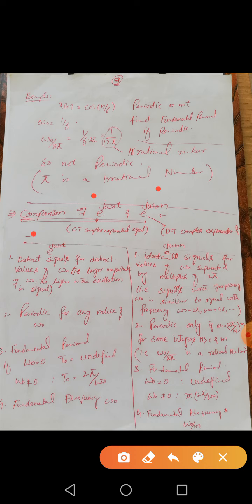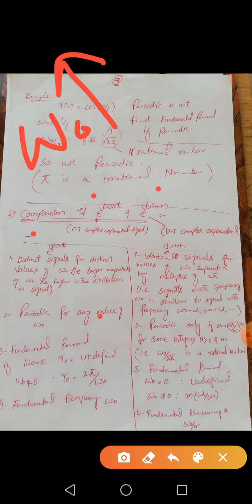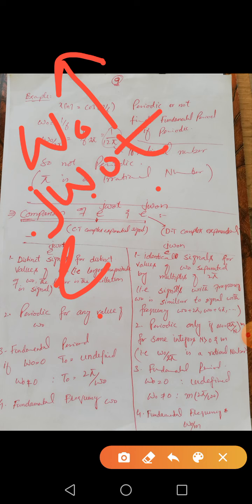If you see e power j omega naught t, it is a distinct signal for distinct values of omega naught. For example, as the value of omega naught increases, the oscillation of e power j omega naught t increases. That means as omega naught increases, its frequency increases.